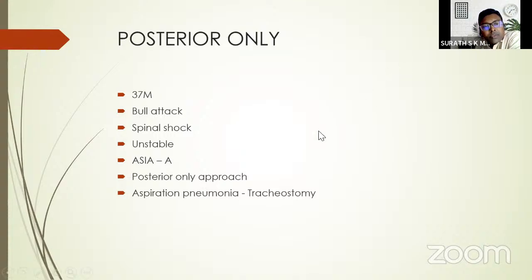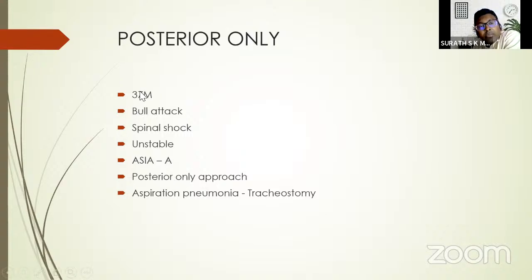In these types of cases, what I learned initially, I did both anterior and posterior approach, but then we realized that there is no point in operating on these patients 360-degree unless we get a good outcome. So in that case, we discuss with the patient's family and explain the situation, and then we do the best for them. So either we go anterior approach only, or we do the posterior approach only in some situations. So this is such a case.